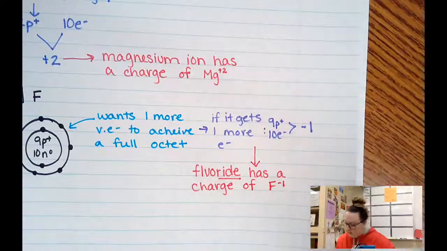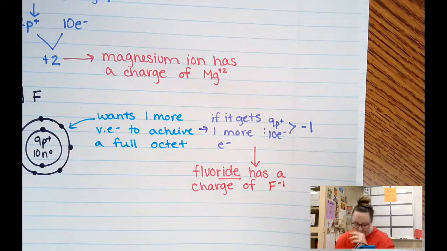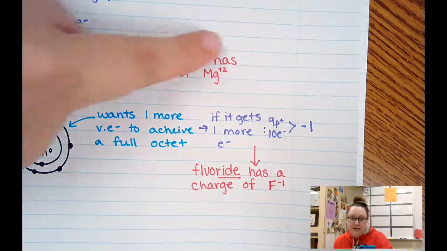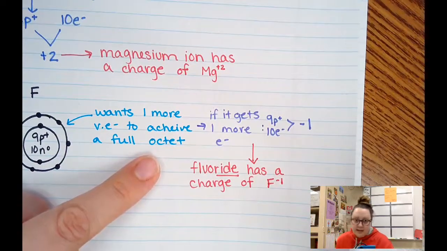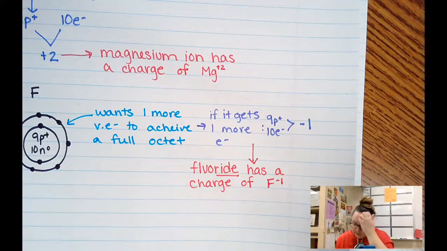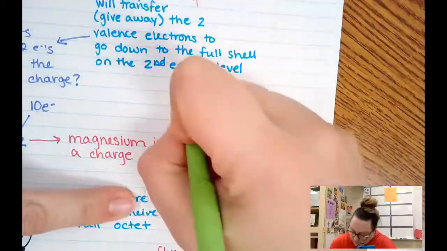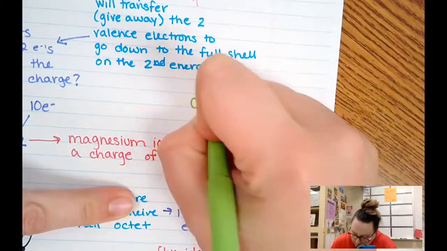Notice how when it was magnesium, I said magnesium ion. But when it's fluorine, I didn't say fluorine ion, I said fluoride. Those are what we call nomenclature rules, and we'll be learning more of that. Nomenclature is just a fancy word for naming. Some other terms we need: cations.